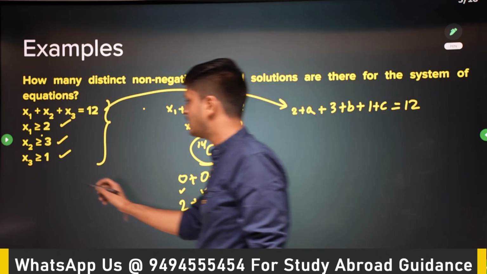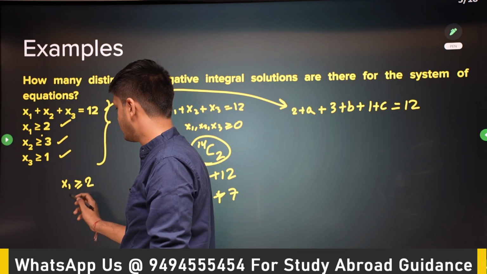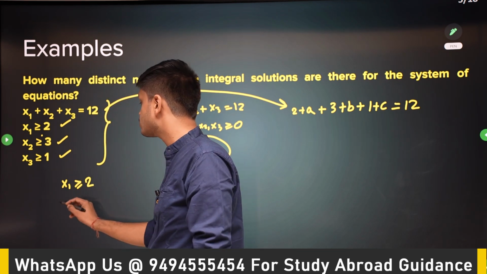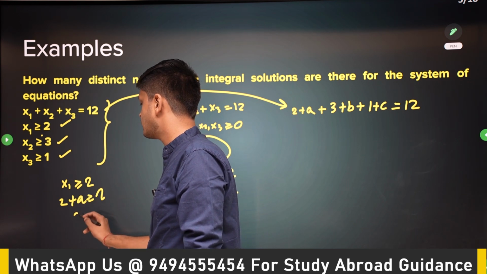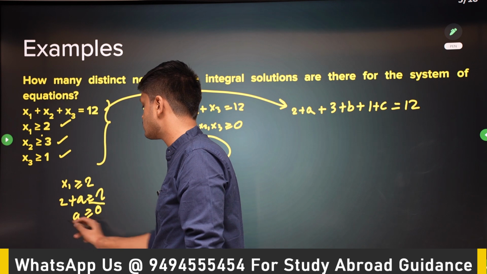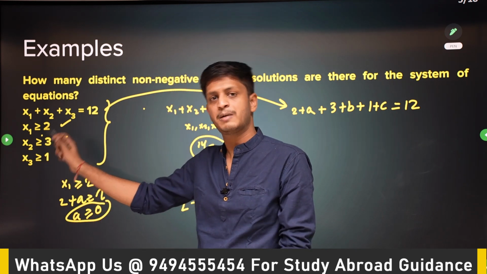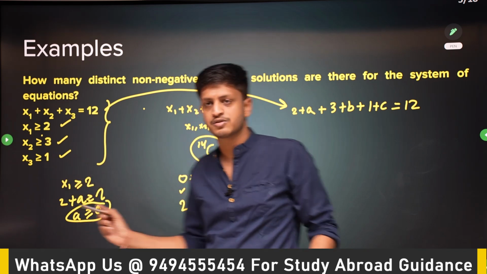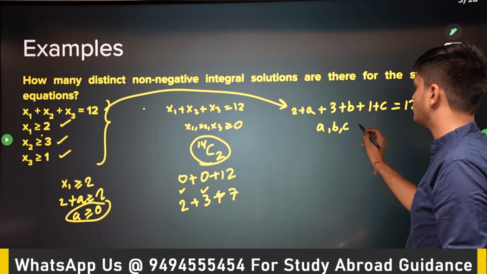Since I am writing x1 as 2 plus a, a is greater than or equal to 0. That's what I wanted. Similarly for x2, I am writing it as 3 plus b, so b is greater than or equal to 0, and c is greater than or equal to 0. So now this equation becomes this with a, b and c greater than or equal to 0.